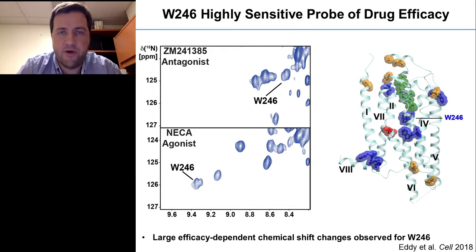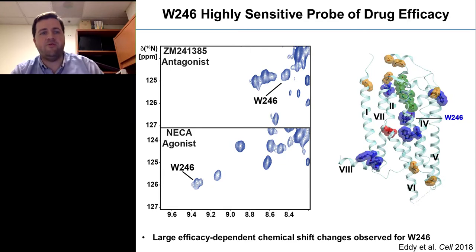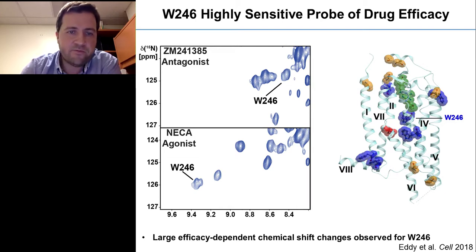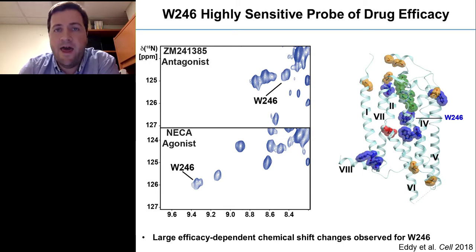On the left, you see two-dimensional TROSY NMR spectra, focusing on the region where we identified tryptophan 246. In the top spectrum, for the complex with the antagonist CM241385, the location of tryptophan 246 is indicated by the line toward the right side of the window. In the bottom spectrum, we have a complex with the agonist NECA.